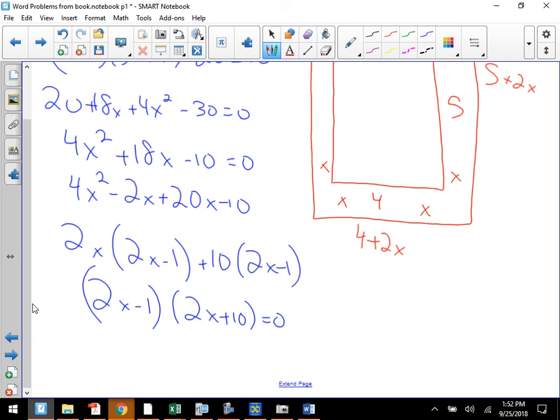That gives you zeros at 1/2 and negative 10, negative 5. That's perfect. You're done. So you get 1/2 or negative 5. Which one of those makes sense for a border?